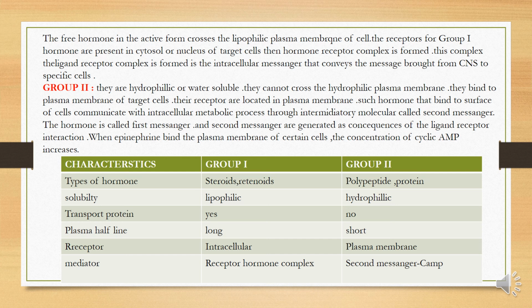Transport protein: group 1 hormones use transport protein, yes, and group 2, no. Plasma half-life: long and short. Receptors: group 1 has intracellular and group 2 has plasma membrane. Mediator: receptor hormone complex, and second messenger cAMP.